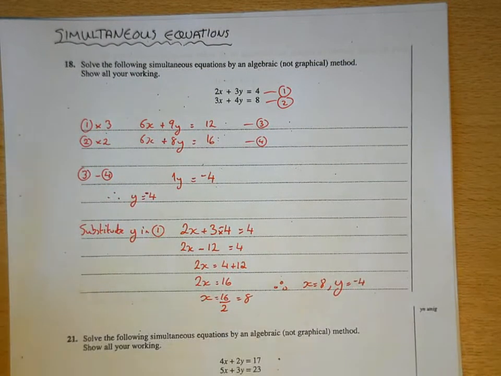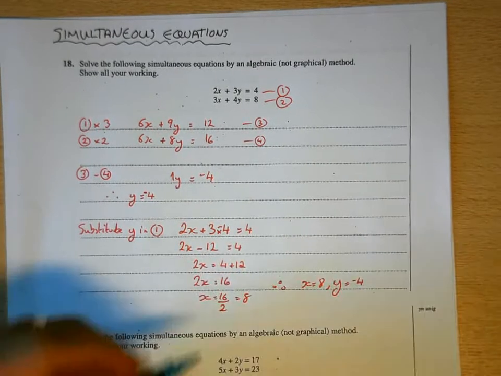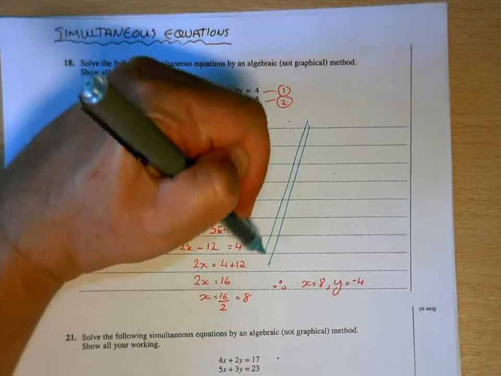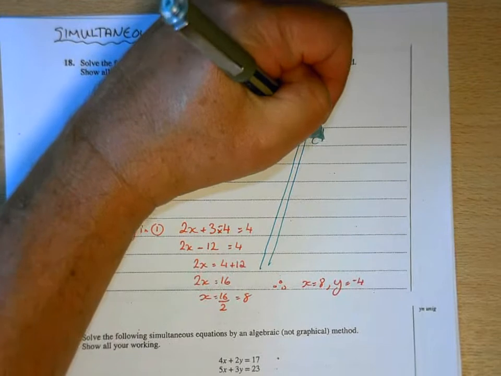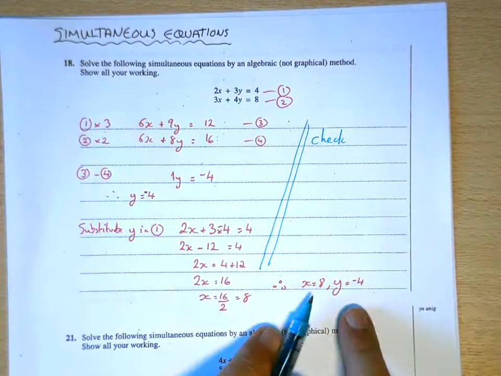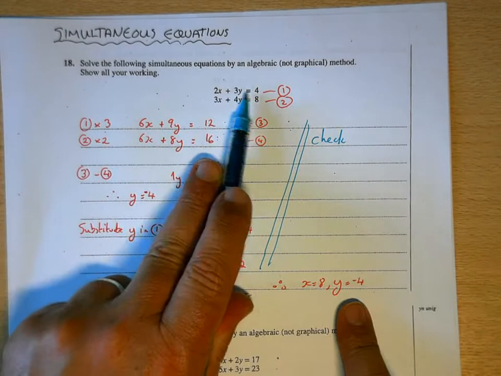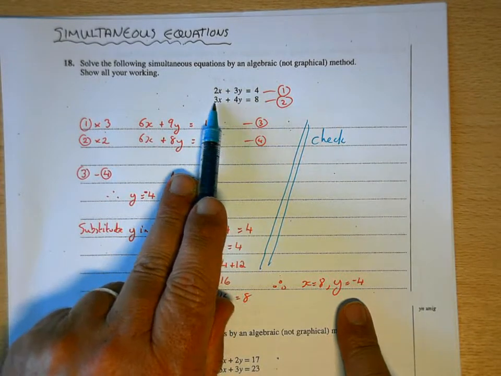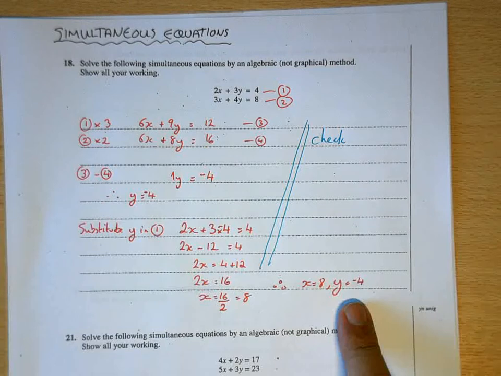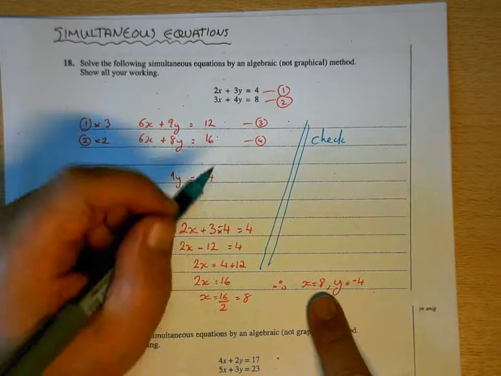And if you've got plenty of time in the exam, you can always check these answers are correct. So if I just do a little check over here, because what this is saying is these two values not only will make this equal to 4, but putting the same values into this equation will make the answer equal 8.